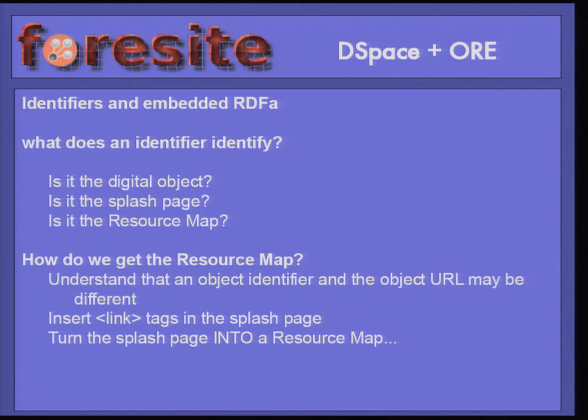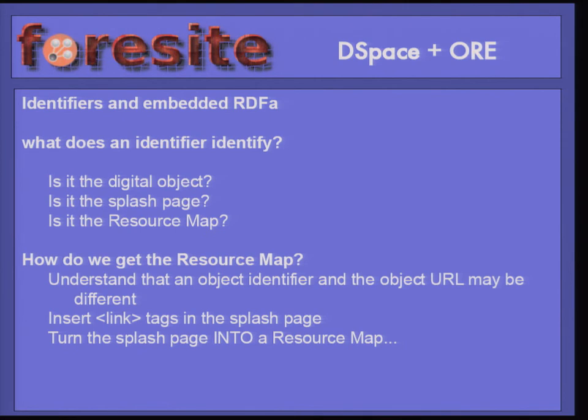And the question is, is that URL the identifier of the object, or is it the identifier of the splash page, or is it the identifier of the resource map? And is there a difference? And how do we resolve the differences between those three possibilities? The way that we've chosen in Foresite to interpret this is that the fragment in the URL is the identifier of the digital object.